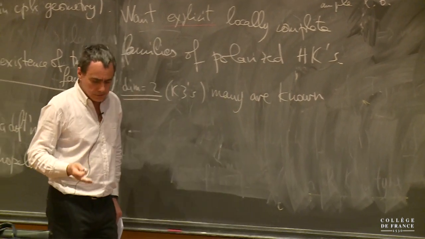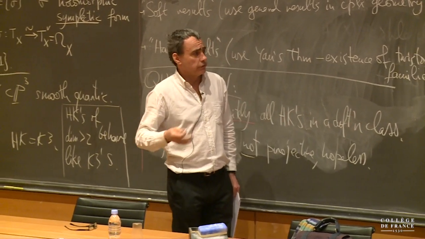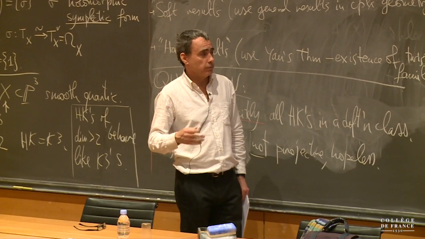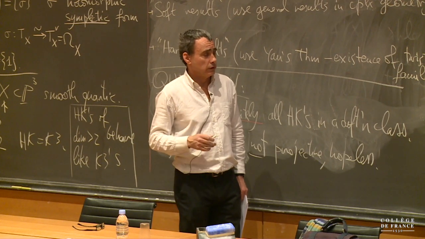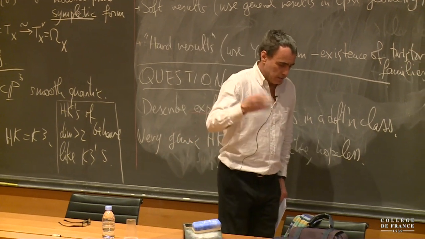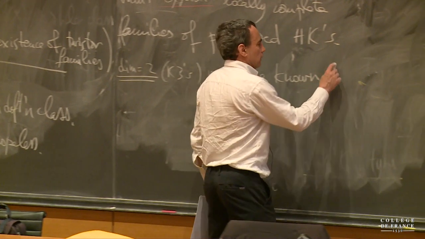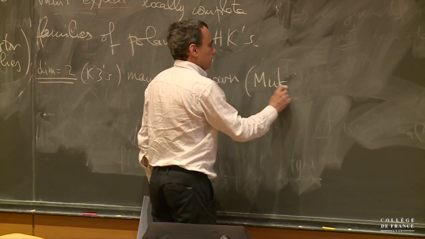Starting with the easy cases like double covers of P2 branched over a sextic, the quartics, intersections of a quadric and a cubic in P4, and then they're no longer complete intersections of hypersurfaces, but there are many more beautiful families. In particular, they were constructed by Mukai.